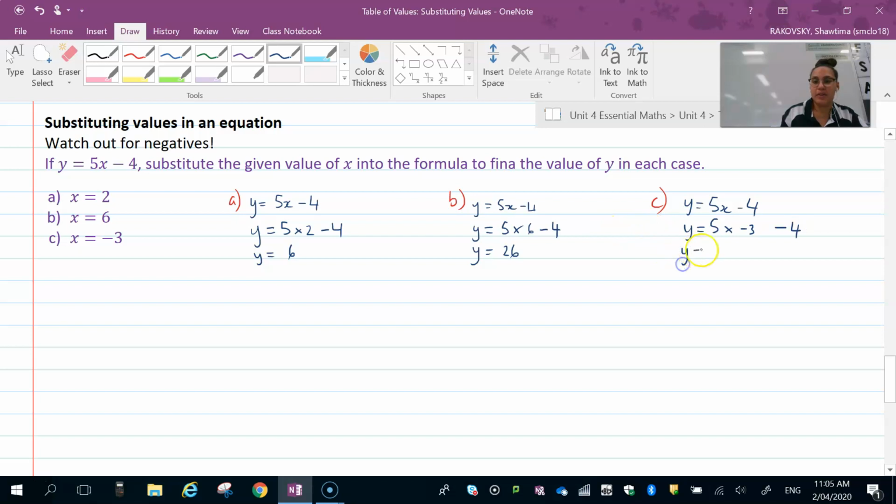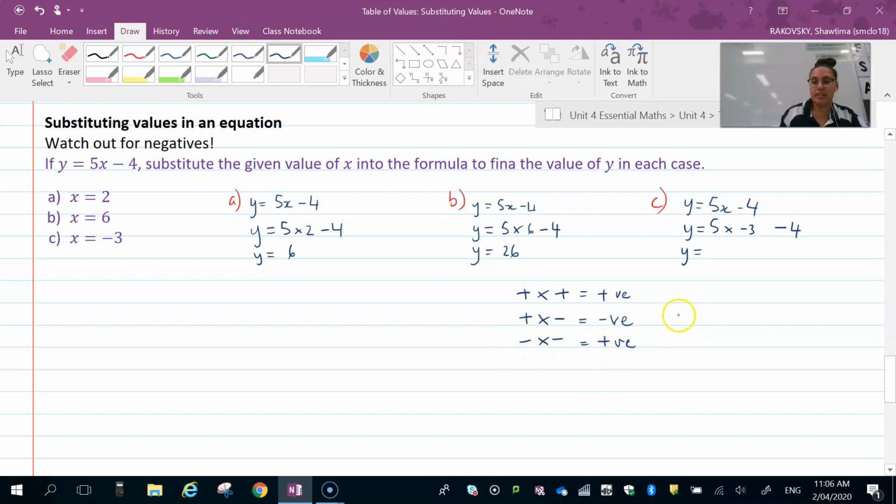Now, this is where it gets a little bit tricky. If you are multiplying a positive times a positive, your answer is going to be positive. You multiply a positive times a negative number, your answer will be negative. And if you have two negatives, it becomes a positive answer.